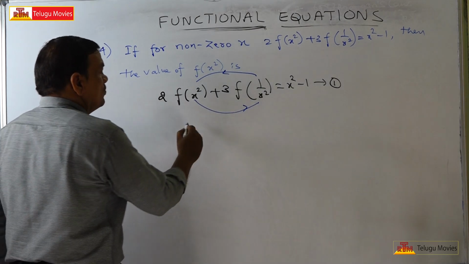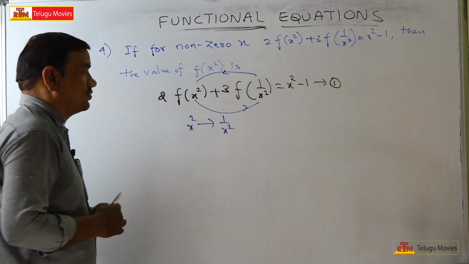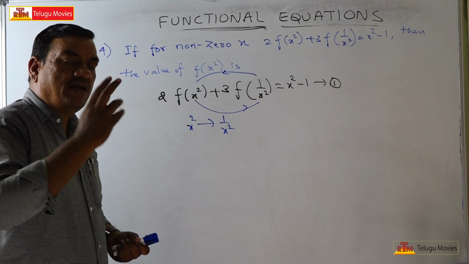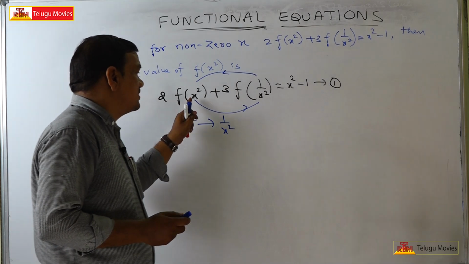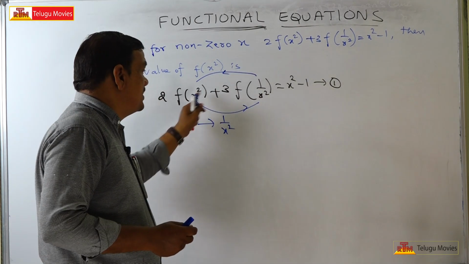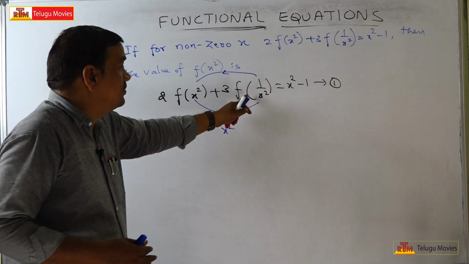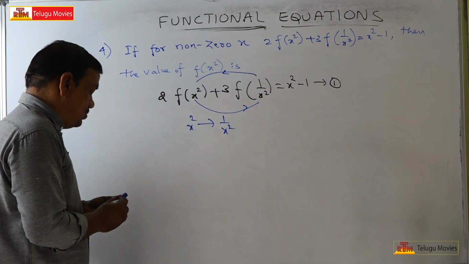This is possible if you replace x square with 1 by x square, that is, replace x with 1 by x. Then you will automatically get the idea of the answer. So that after subtraction, f of 1 by x square will go. For that, just replace this.